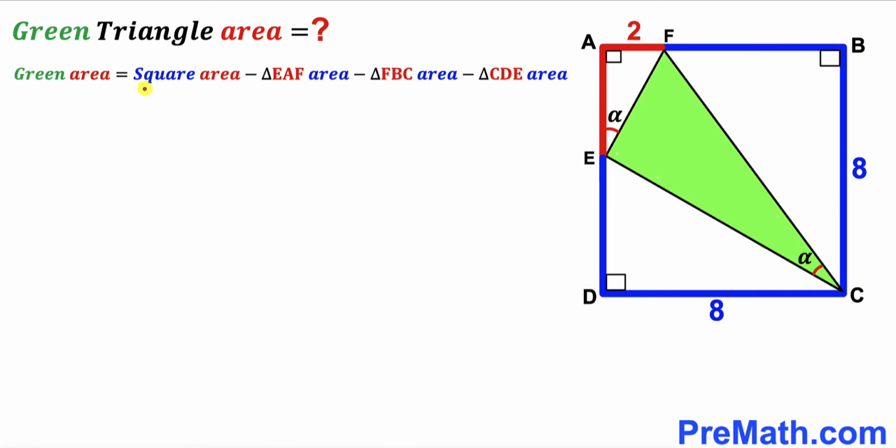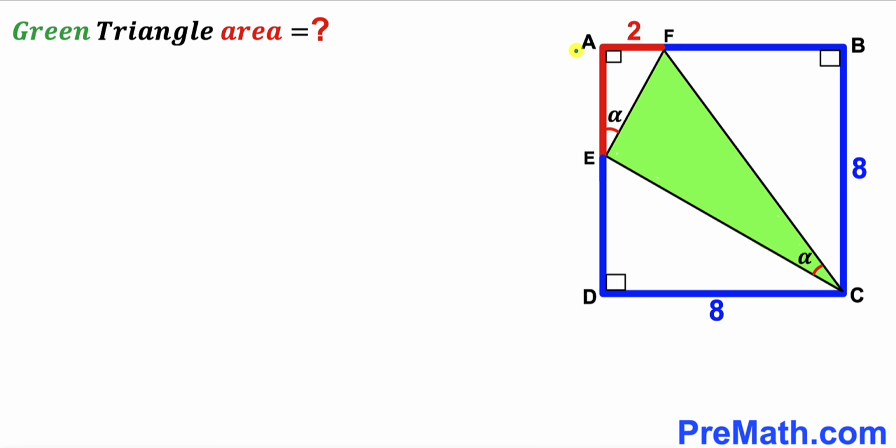So now our task is to calculate the area of the square, and likewise the area of the triangle EAF, the triangle FBC area, and finally the triangle CDE area. And here's our next step. I'm going to label this segment AE length as x. Then this ED segment length is going to be 8 minus x.